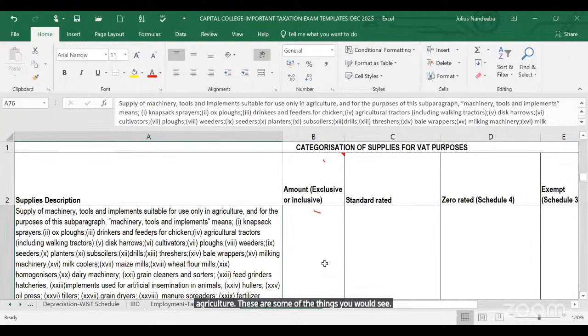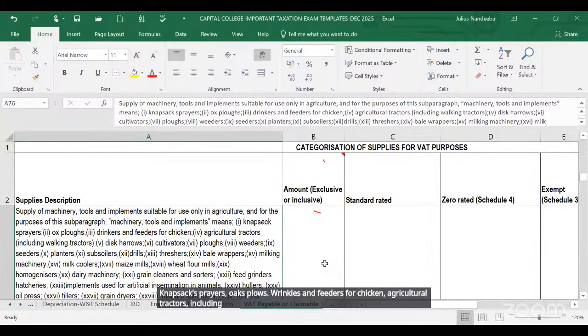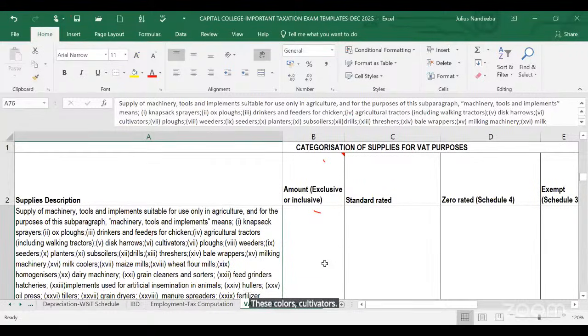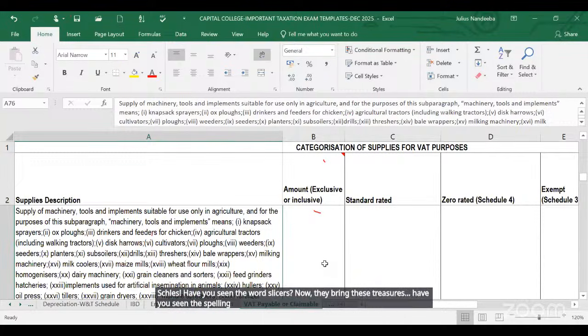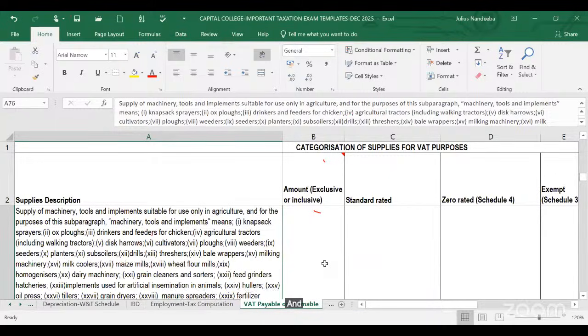Knapsack sprayers, ox plows, drinkers and feeders for chicken, agricultural tractors, including walking tractors, discalers, cultivators, plows, weeders, seeders, planters, subsoilers, drills, slashers. Have you seen the word slashers? Now they bring these threshers. Have you seen the spelling of threshers there? And then the thrashers. Thrashers are standard rated. Threshers are exempt.